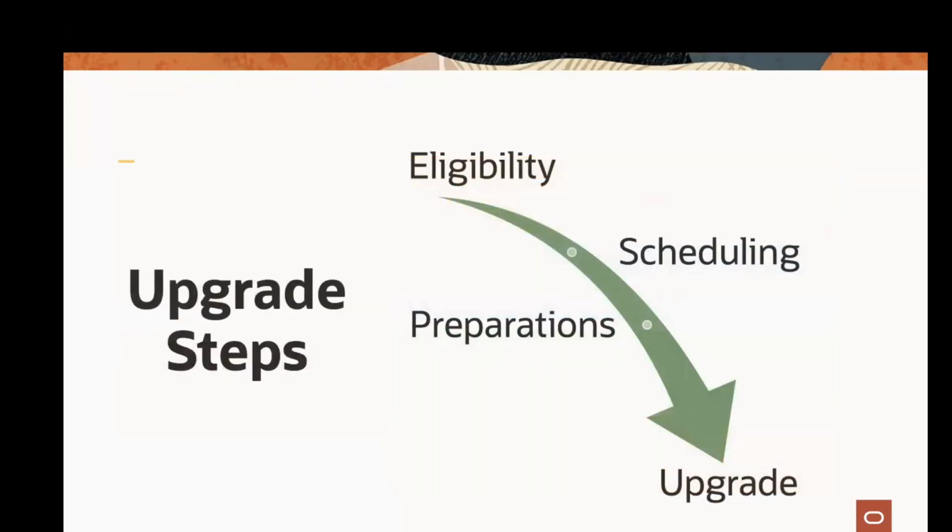From a customer perspective, upgrade is very easy. You are eligible to upgrade as soon as we have all the features that you use available in OIC 3. We schedule you. You prepare for the upgrade, meaning you start the internal communication, and if you have to do any allow listing, for example, you do so, and then we upgrade you. So the process end to end should take no more than 2 months.